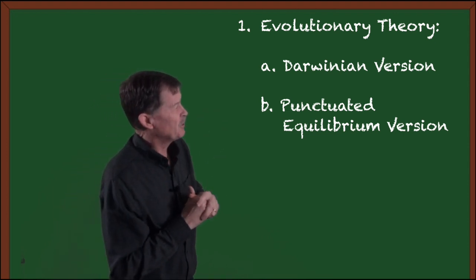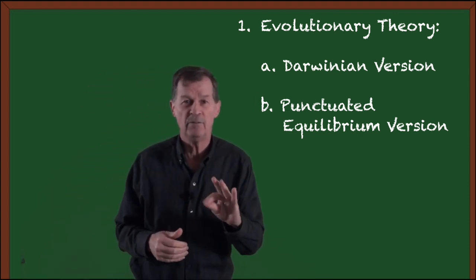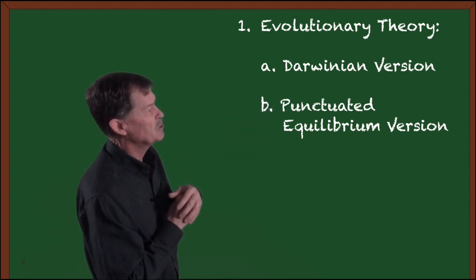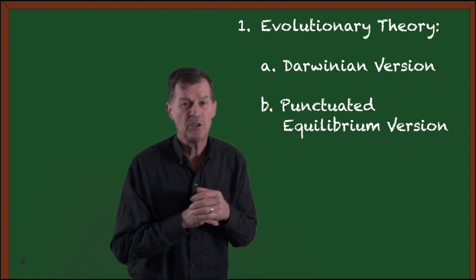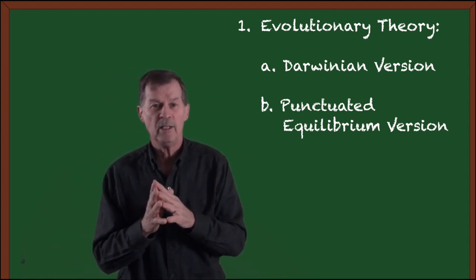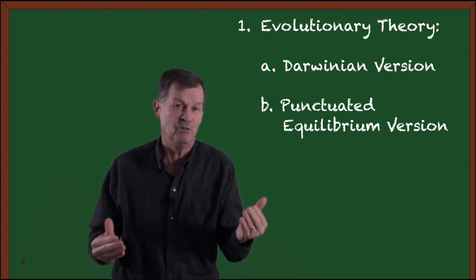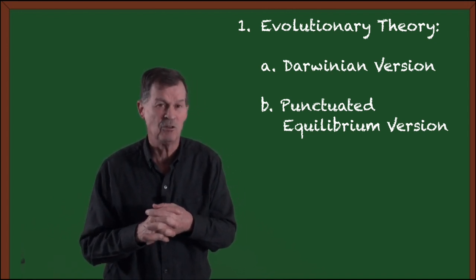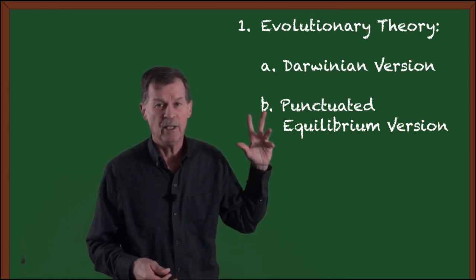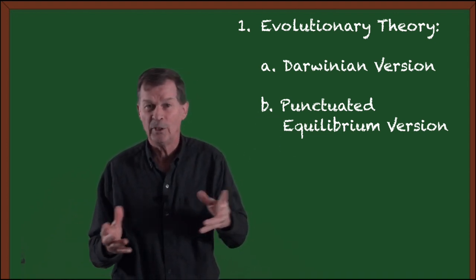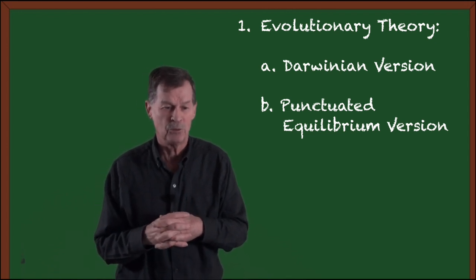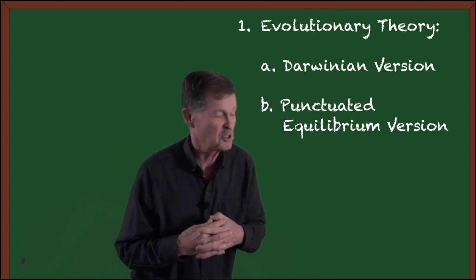Now, the evolutionary theory comes in two flavors. We have the top one, A, which is the Darwinian version, which was not the original version, of course, because Darwin wasn't alive until the 1800s, and the evolutionary model has been around since 600 BC through the ancient Greek philosophers.